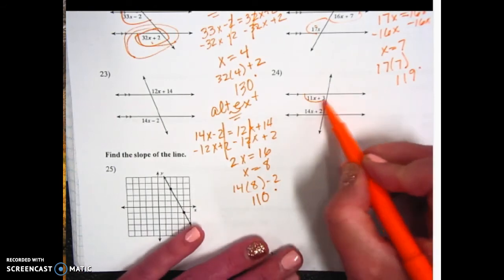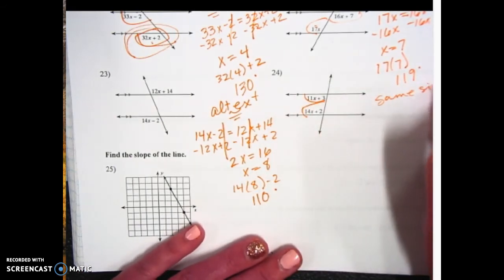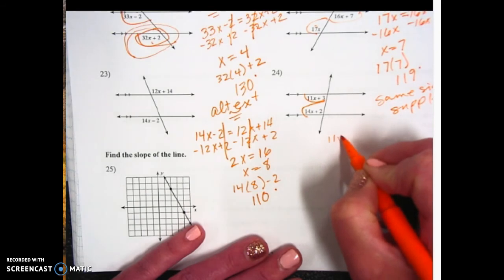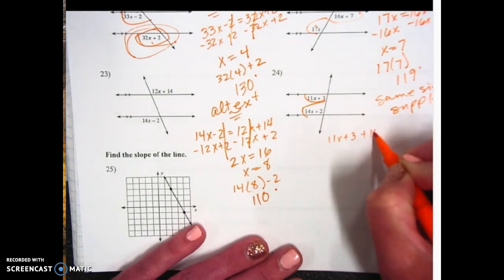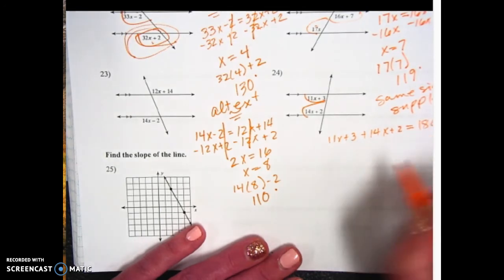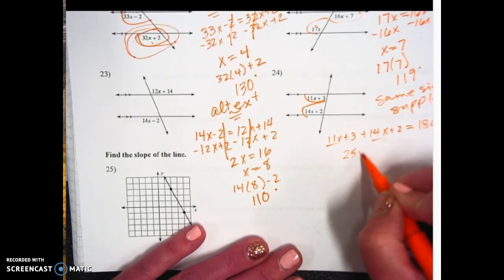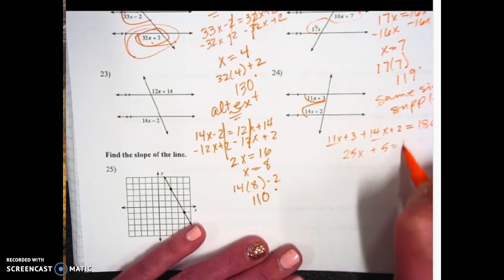All right, 24 is the only one, the same side interior, that should be supplementary. So 11x plus 3 plus 14x plus 2 should be equal to 180. You're going to combine your like terms on the left, so you should have 25x plus 5 equals 180.